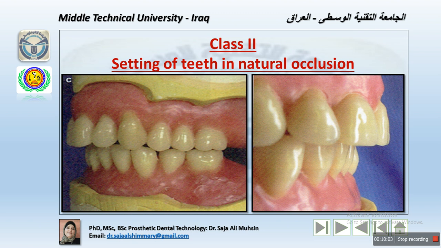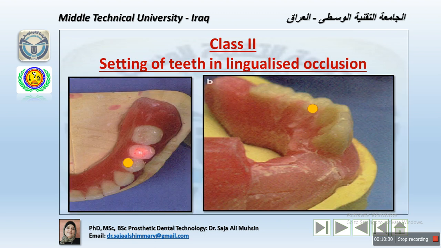So we can substitute, vice versa, premolars for canines. Instead of using small-sized artificial teeth, we can use supernumerary teeth, multiple anterior teeth, to reduce the spaces that we have in the lower arch.